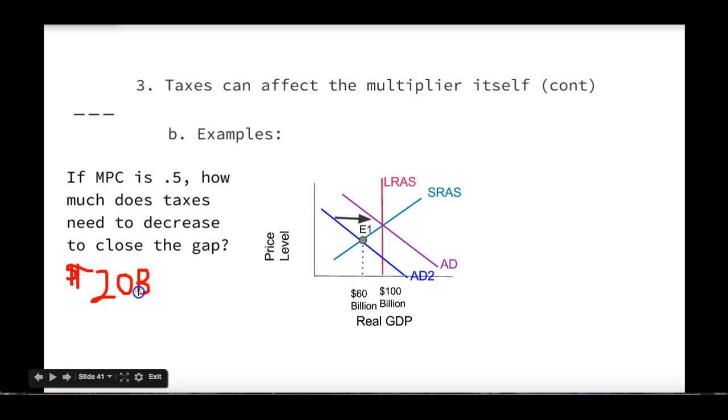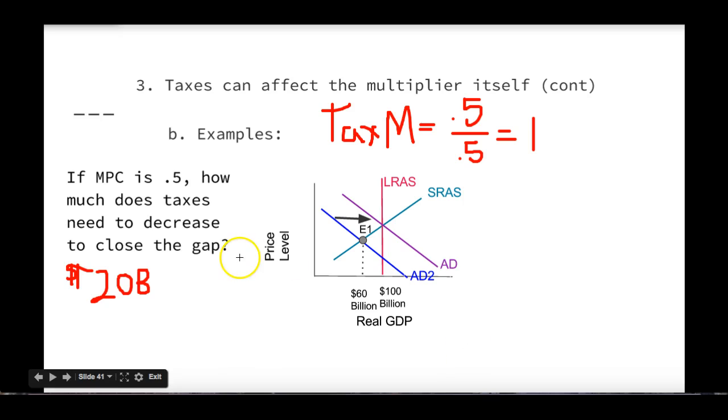Now, remember, you have to figure out what the tax multiplier is. Our tax multiplier is going to be MPC over MPS. In this case, our MPC is 0.5, so that means our MPS is also 0.5. So MPC over MPS, 0.5 over 0.5 equals 1.